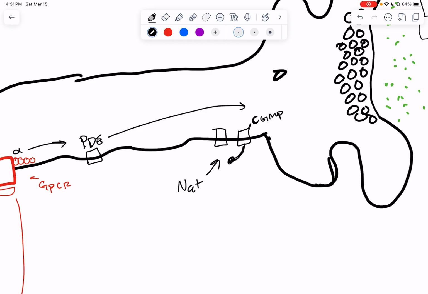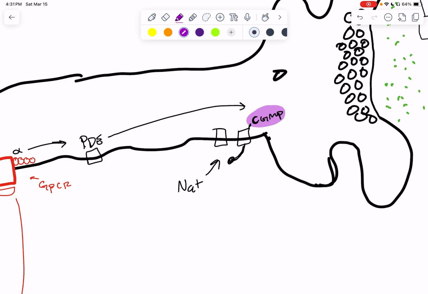this would be a ligand gated sodium channel. This ligand gated sodium channel is activated by cyclic GMP. Normally this cyclic GMP molecule right here causes this sodium channel to remain open. You could call it a little gate that remains open, allowing sodium influx into this cell.